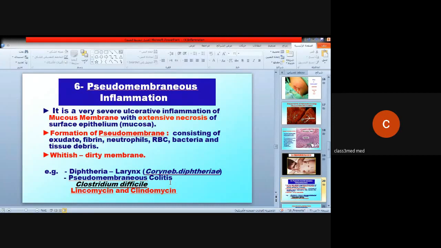If the patient has allergy to penicillin or amoxicillin or other antibiotics and there is no other choice, they can give lincomycin and clindamycin, because they have a side effect, which is pseudomembranous colitis.